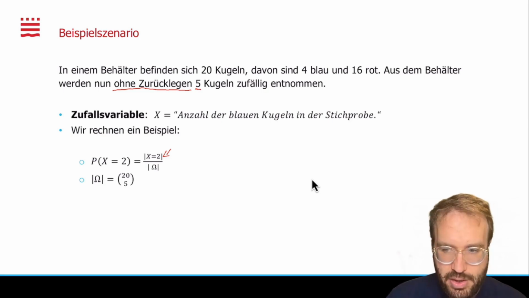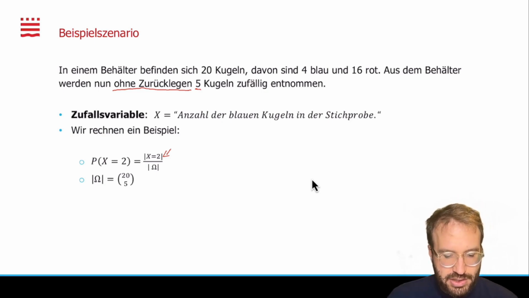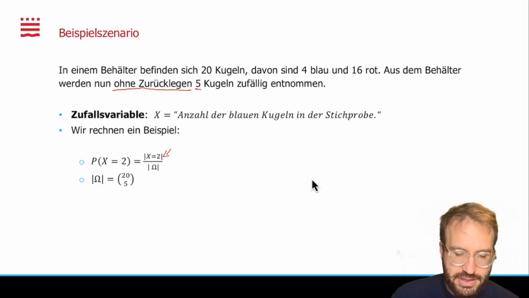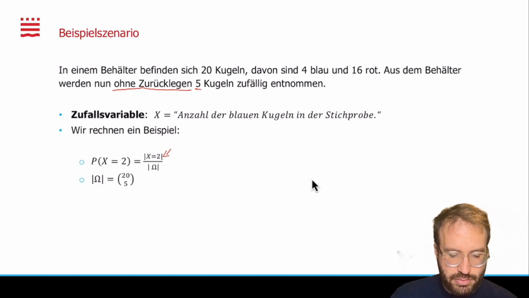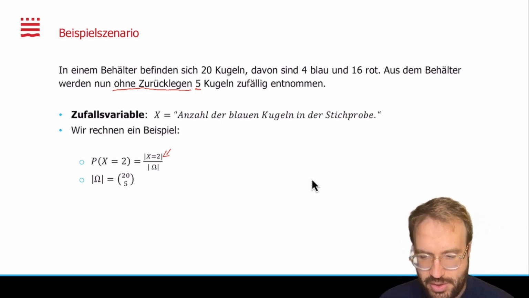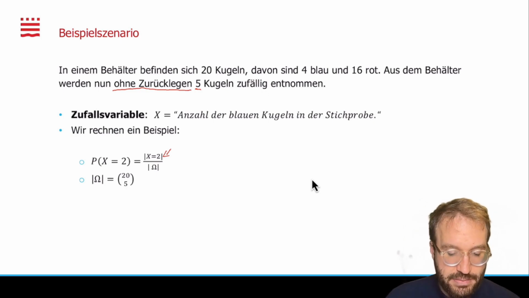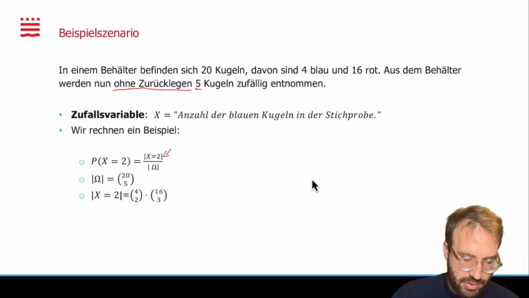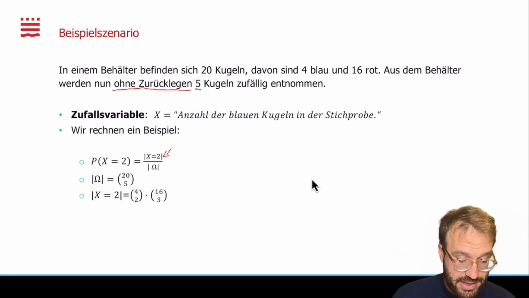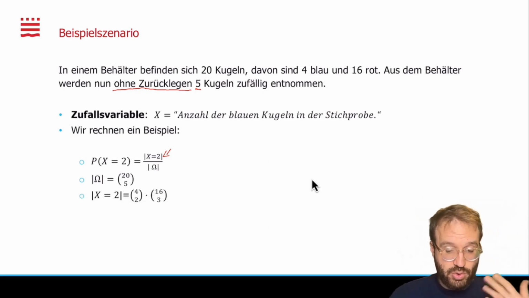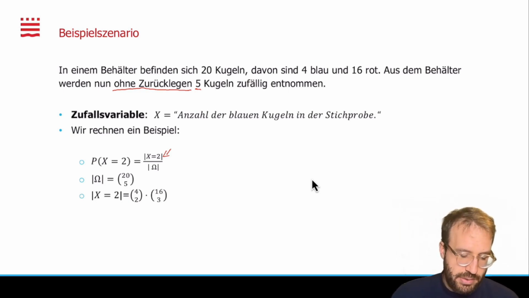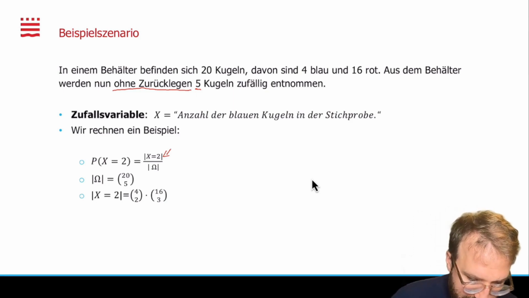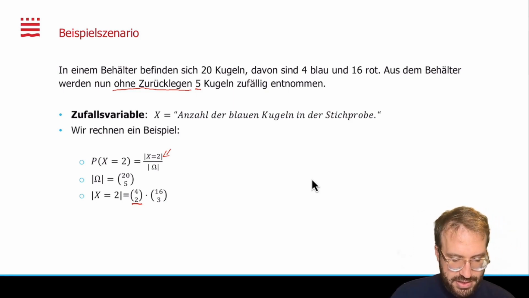We need to think about how many combinations there are to draw exactly 2 balls that are blue. And what do we know then? That we also draw 3 red. We can look at that with binomial coefficients as follows. We have 4 blue balls and we need to draw 2 from them, so 4 choose 2.